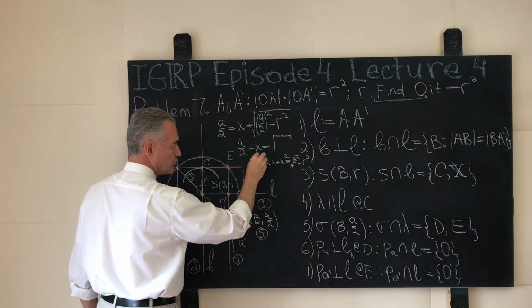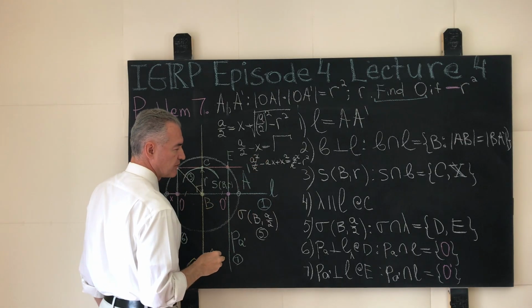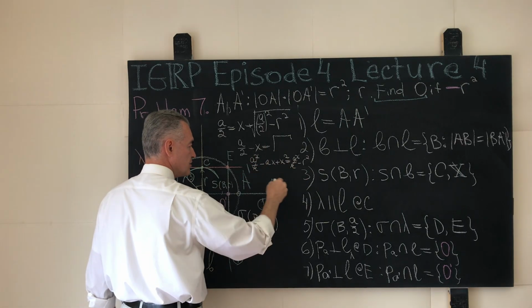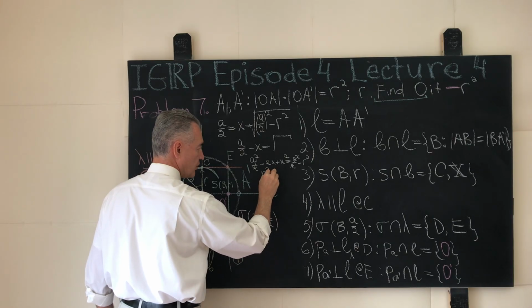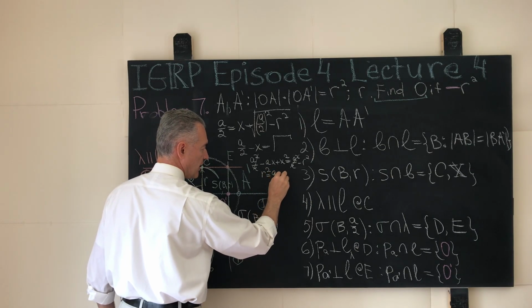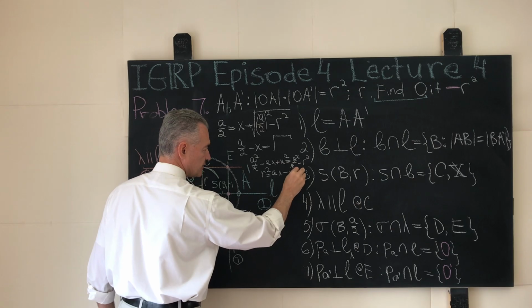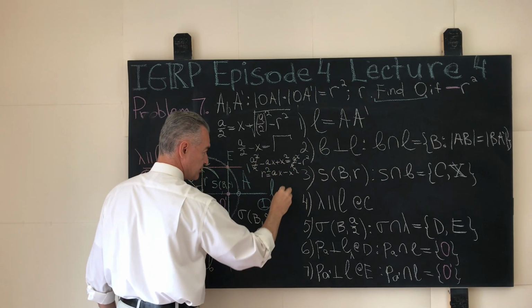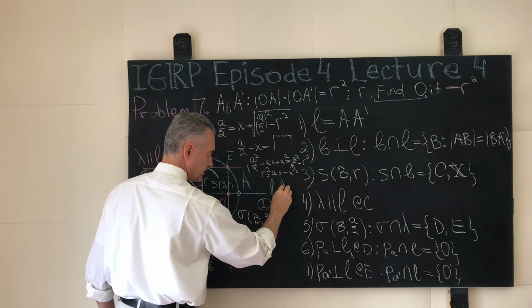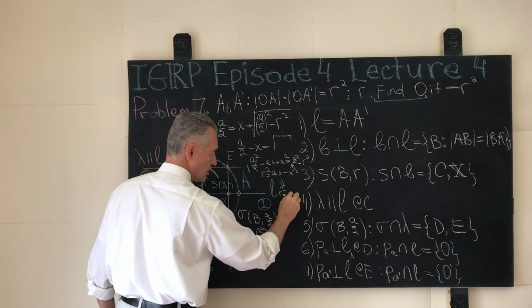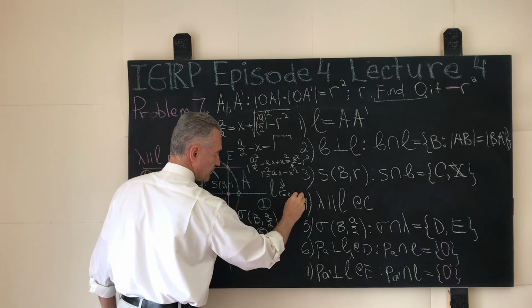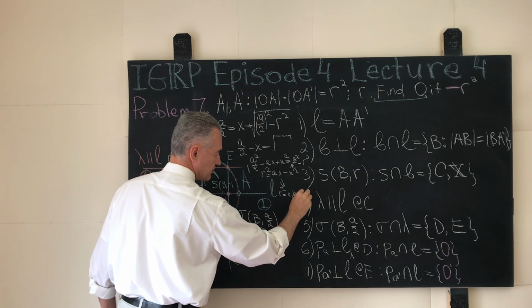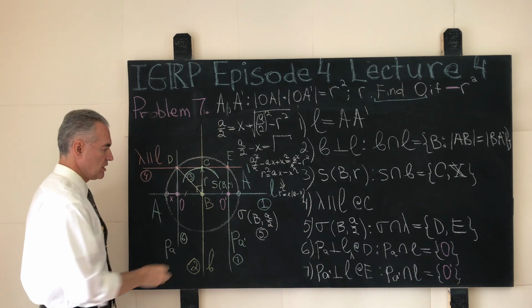A squared over 4, A squared over 4, cancel out. Switch the material. Put r squared is equal to ax minus x squared. Minus here disappears, minus here disappears. And then simply rewrite it as r squared is equal to x times A minus x, and voila.